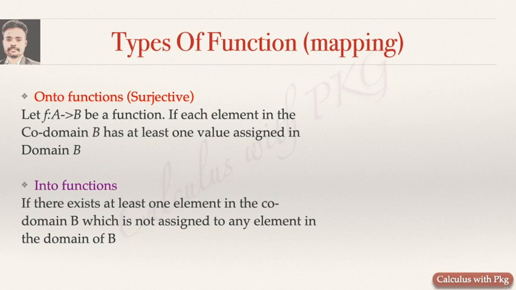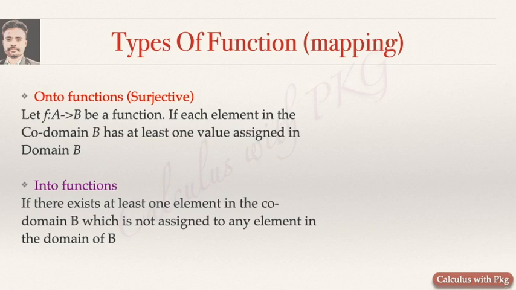Another type of mapping is onto function. So let us look into it. Let f be a function from A to B, and if each element in the codomain B has at least one value assigned in the domain A, we can say the function is onto. And what is into function?